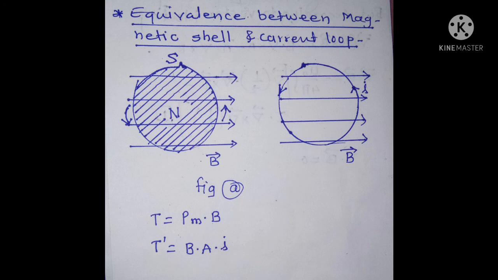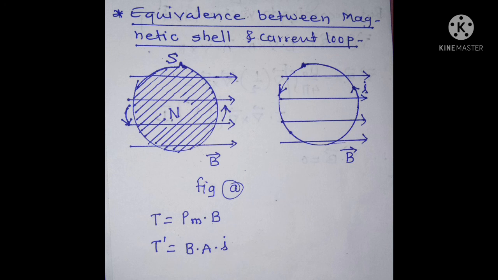Now this torque acting on a shell, represented by capital T, is equal to Pm into B, that is dipole moment into magnetic induction.